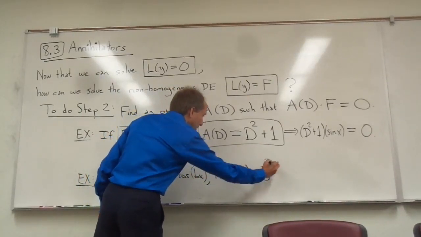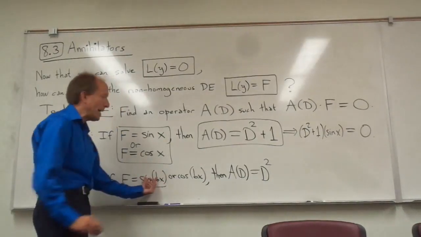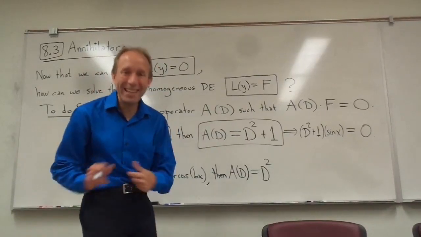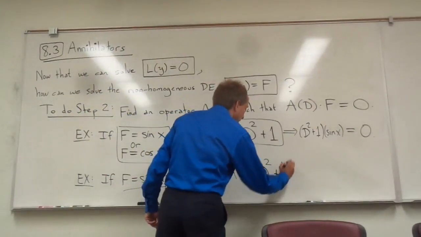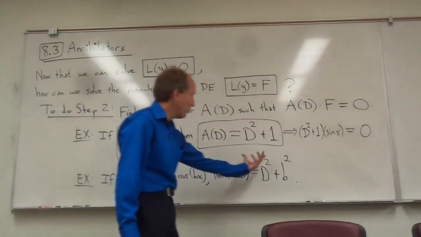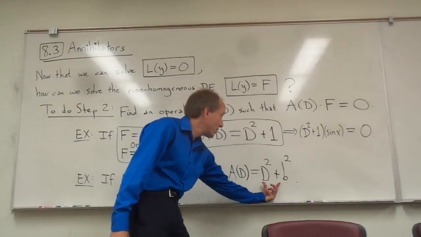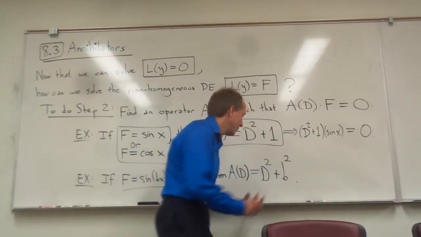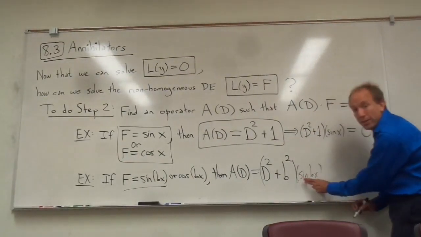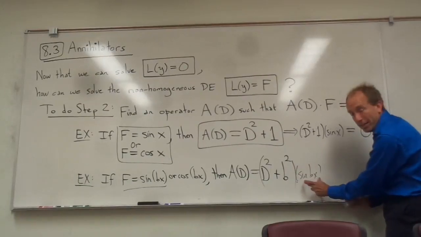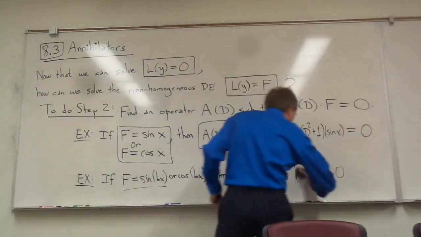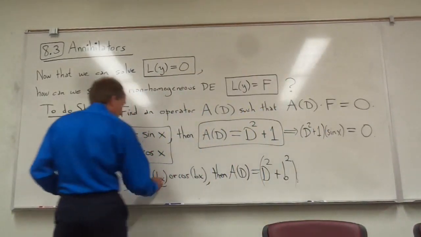If we take two derivatives of sine of bx, we'll get negative b squared sine of bx. So I can actually annihilate it with D squared plus b squared. If you apply this to the sine of bx, you take two derivatives of it and then add b squared times it, you will in fact get 0. So those are the annihilators for the sine and cosine of a multiple of x.